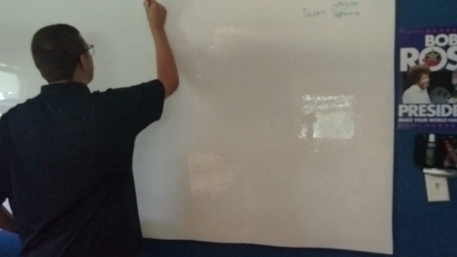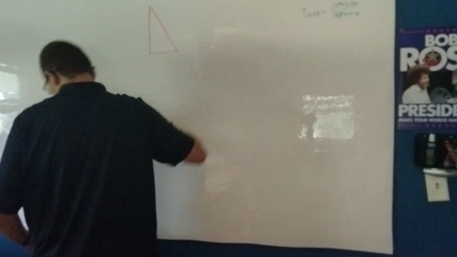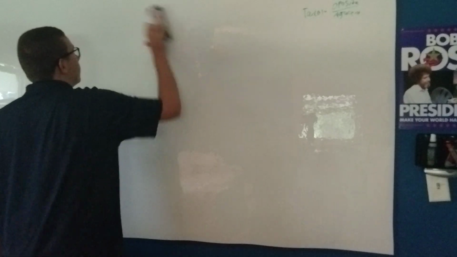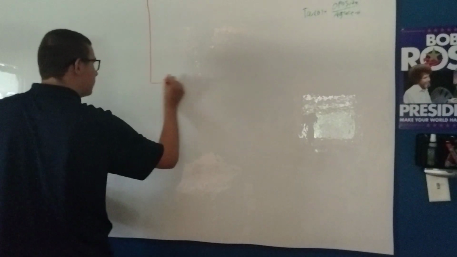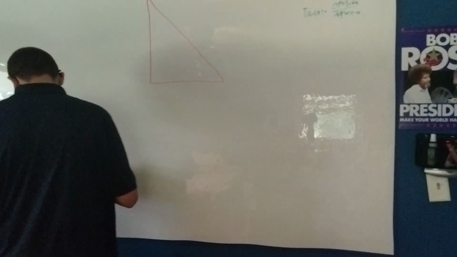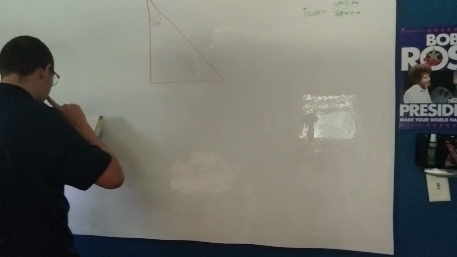Okay. Next, we're going to have this triangle, like this. Let me make that bigger. Got a whole wall. Don't know why I'm saving space. Okay. We'll say this here is 25 degrees.